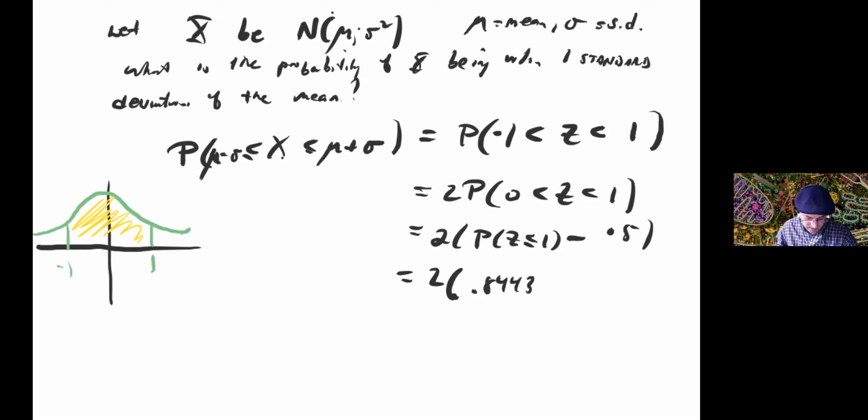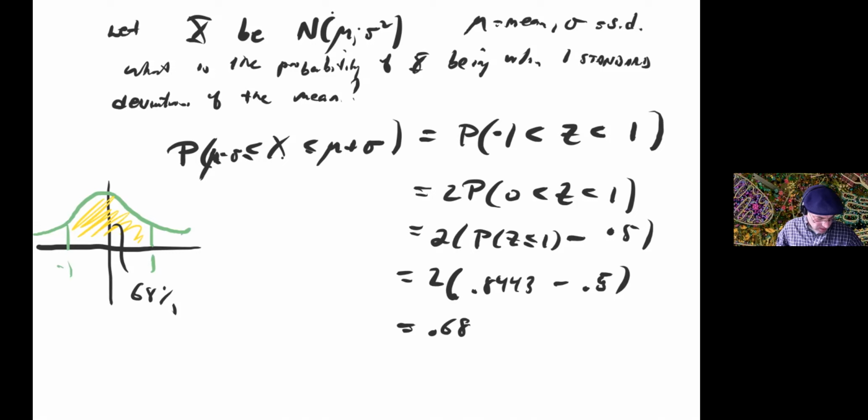That's from the StatTrek calculator. So if you do the calculation, you'll see that this is 0.68. So 68% of the area is contained between these two numbers. So what I'm saying is that 68% of the region under the normal curve lies within one standard deviation of the mean.